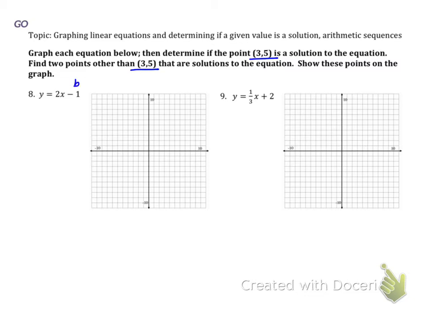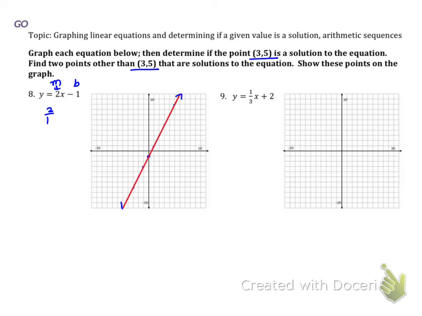This is b, m is 2, b is negative 1, so I start with negative 1, and m is 2 means 2 over 1. I go up by 2, run by 1, up by 2, run by 1, and I'm going like this. I'm getting several points. If you see a pattern, you don't have to count each time, just use the pattern and draw your line.